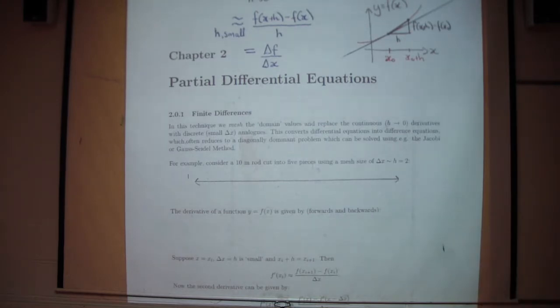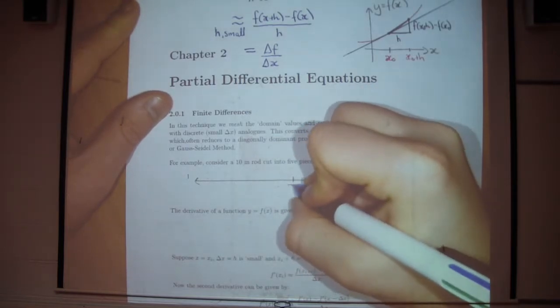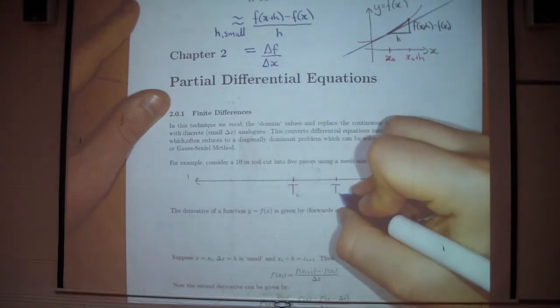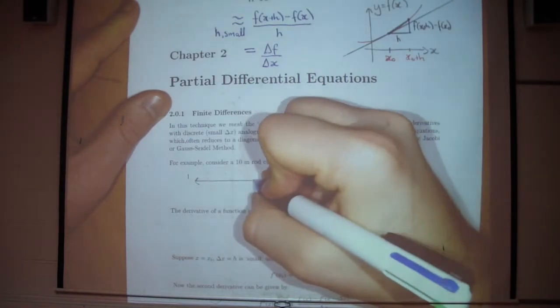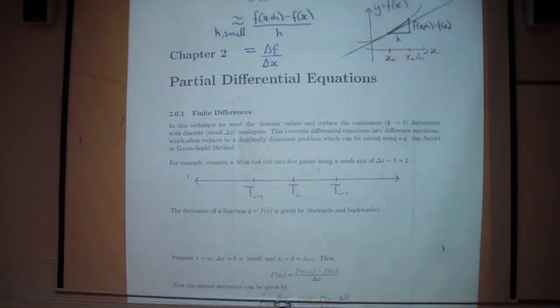Okay. So we're going to take the temperature at different points. Say this is the temperature at point i, and the temperature at i plus 1, and the temperature at i minus 1. And there's going to be a step size the whole time between these of 2.